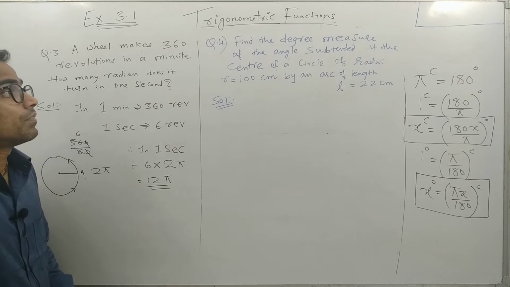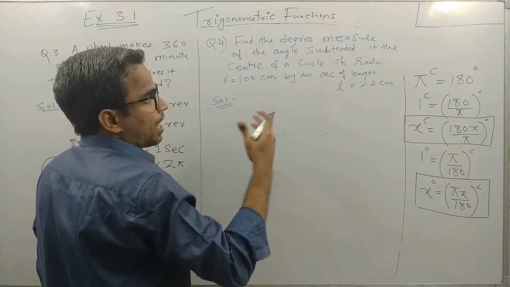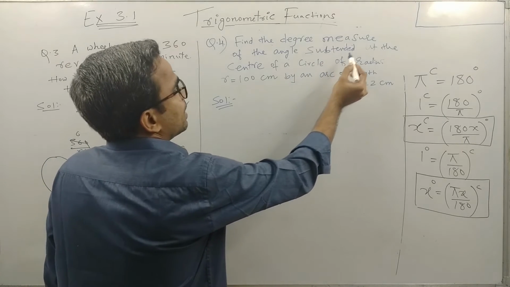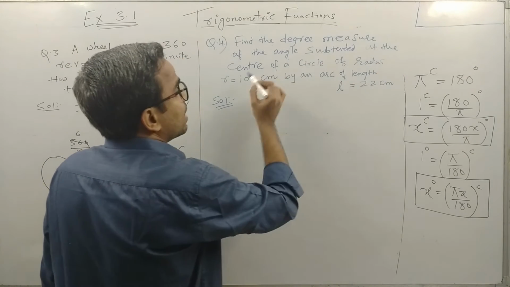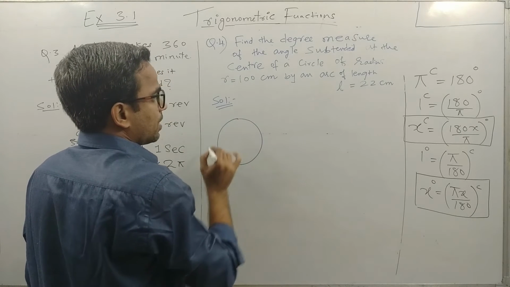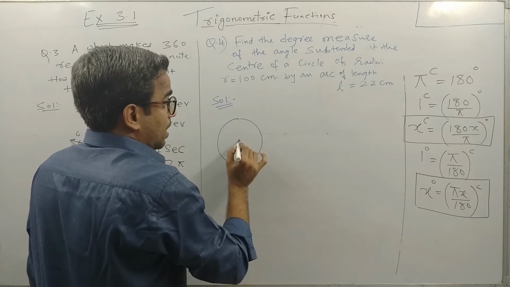So in the fourth one what they have asked is, find the degree measure. So that means the angle required is in degree of the angle subtended at the center of a circle. So if there is a circle, okay, there is an arc.